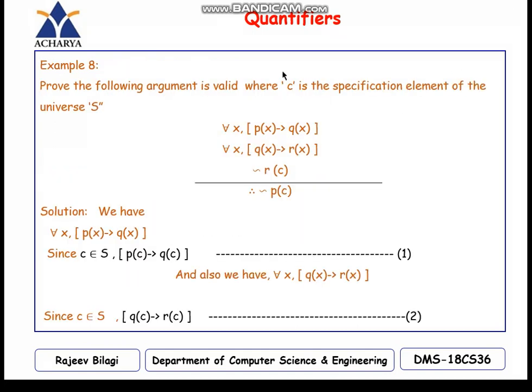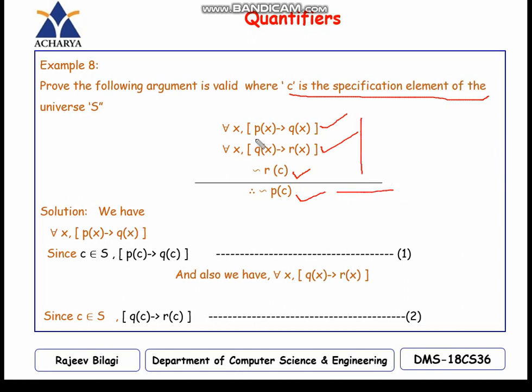Okay, now this is another typical problem. Prove the following argument is valid, where C is a specific element. For all x, P of x then Q of x; for all x, Q of x then R of x; negation of R of C; therefore negation of P of C. This is the set of statements being given, and these are called premises, and this is called the conclusion.